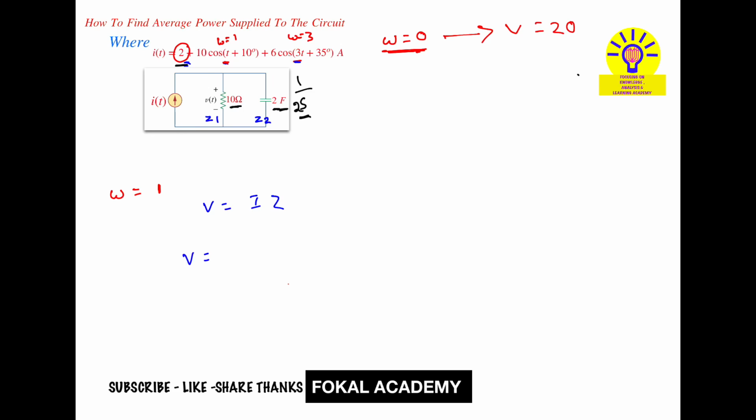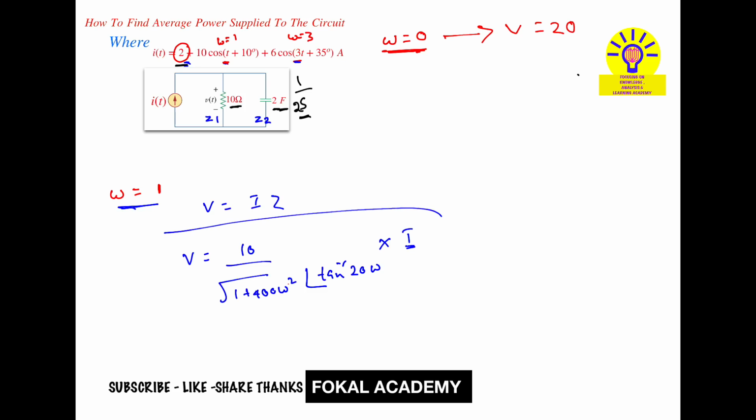So V equal to Z, which is 10 by root of 1 plus 400 omega square. Phase angle is tan inverse of 20 omega, into current I. Now substitute omega equal to 1 in this equation, we will get voltage at omega equal to 1.